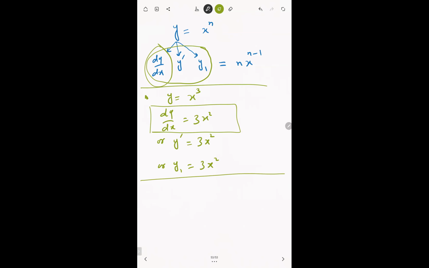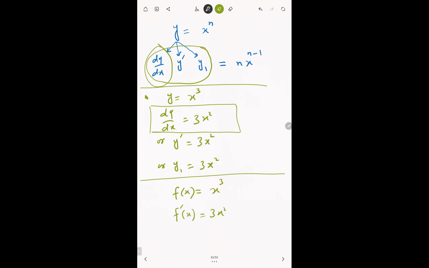And sometimes instead of y, you see your question is in the form of a function f of x. If you have f of x is equal to x cube, and the question is to differentiate this curve, then when you differentiate f of x, we write f prime of x, which is equal to 3x squared.